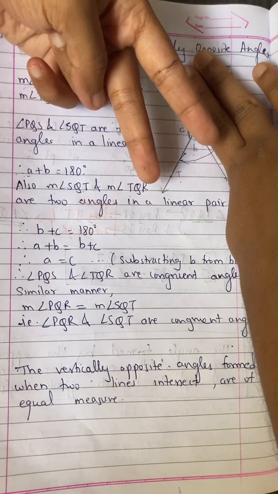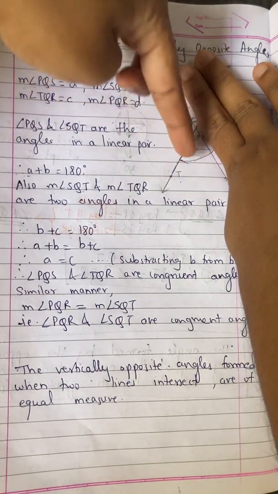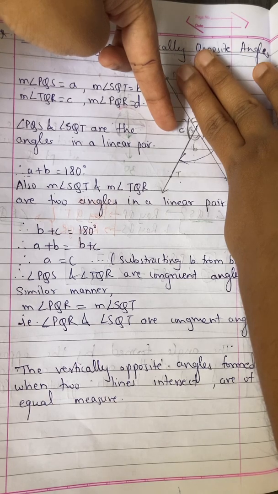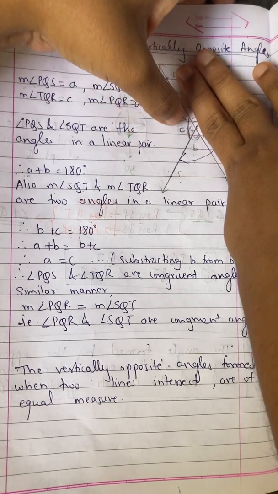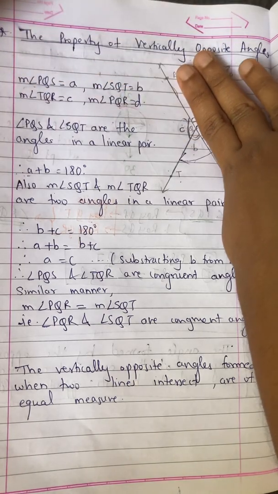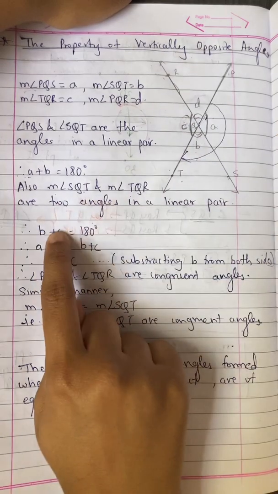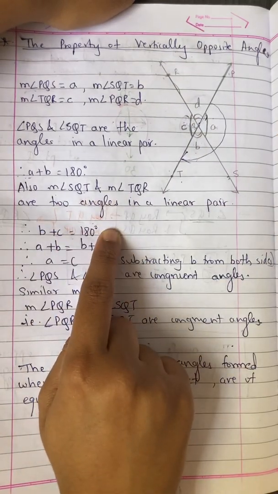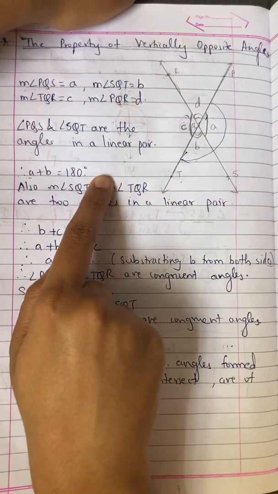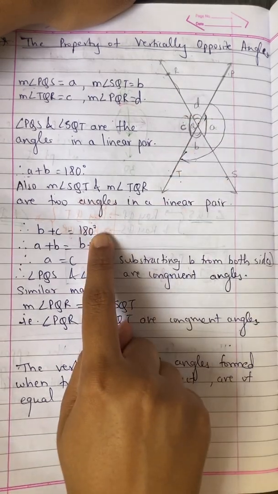And the second condition of linear pair is what? They are on the straight line. So definitely these two also form a linear pair, and we can write the sum B plus C equal to 180 degrees, because linear pairs are always supplementary. So the addition will be 180 degrees. So we have A plus B equal to 180 degrees and B plus C also equal to 180 degrees.